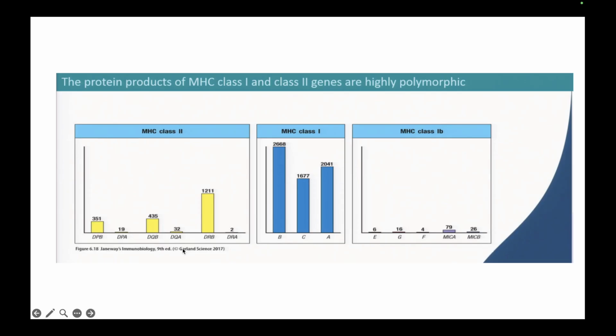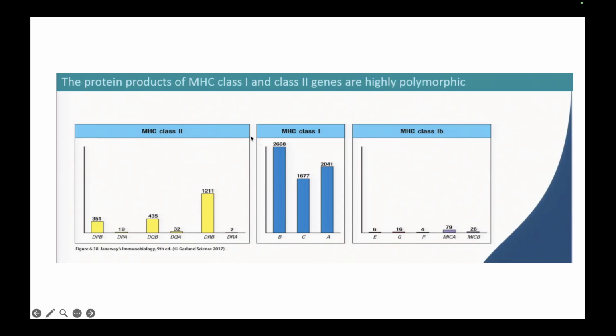Here you can see there are 351 varieties of this particular MHC class 2 gene, and 19 of DPA, 435 of DQB, 32 of DQA, and 1211 of DRB. This shows there is high polymorphism. That means there could be SNPs, single nucleotide polymorphisms, or any other kind of variety generation.